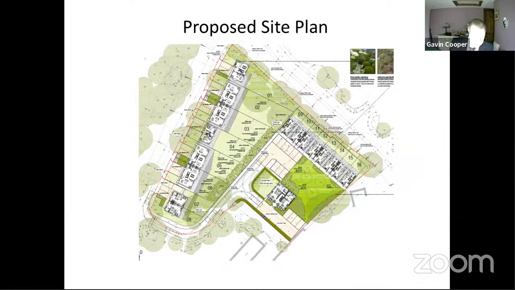So in terms of the proposal, there are 3 elements to this proposal, and that reflects the change in levels across the site. There are units 1 to 8, which front Nettleswell Orchard, which are a mix of detached and semi-detached properties.